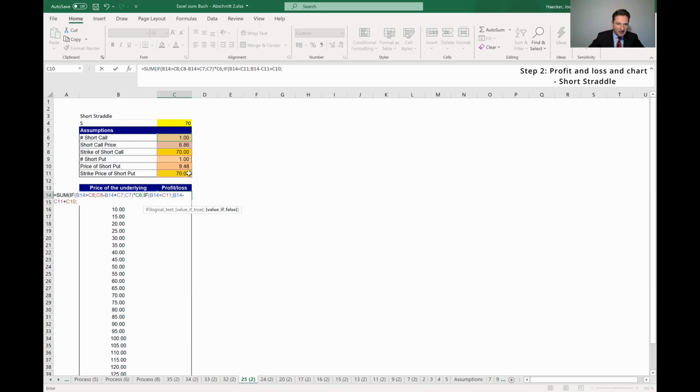In all other cases, it's just the price of the short put. We close the brackets and multiply that by the amount of short puts, close the brackets and press return.